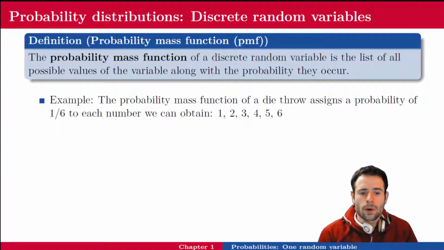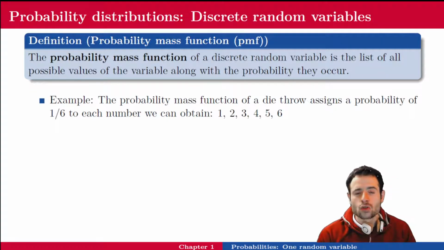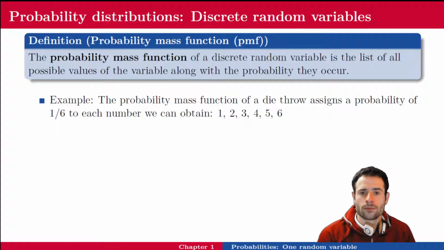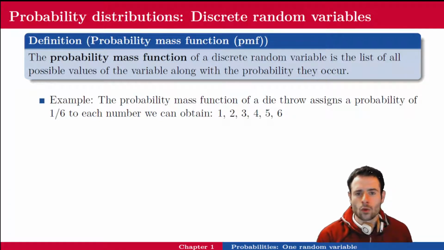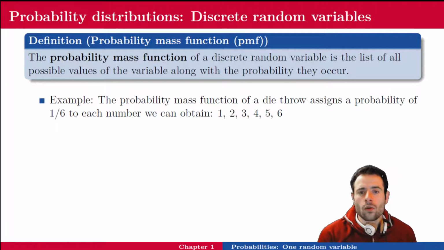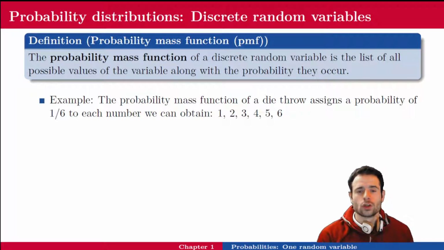So, the probability mass function of a die throw is going to assign a probability of 1 over 6 to each number that we can obtain. There is a mathematical way to write it down. Don't worry about it. You can use words. I mean, it's the same thing. But you need to specify all the possible values, and for each value, what is the probability that the random variable is equal to that value.